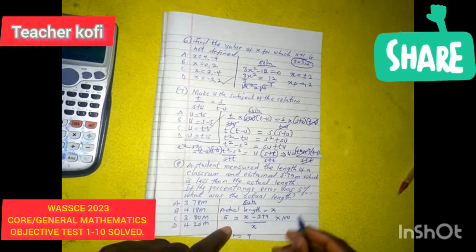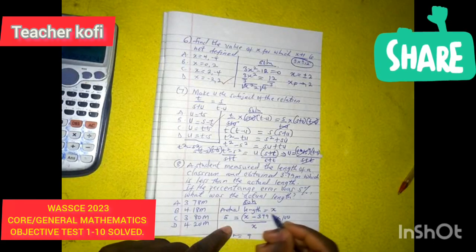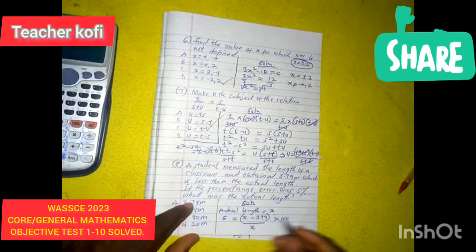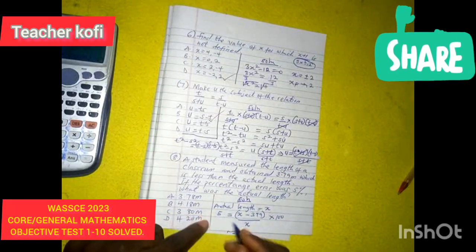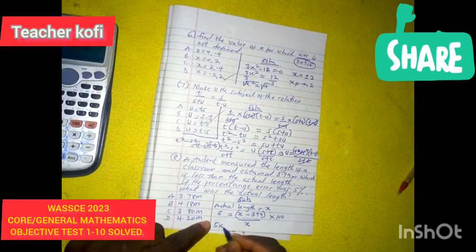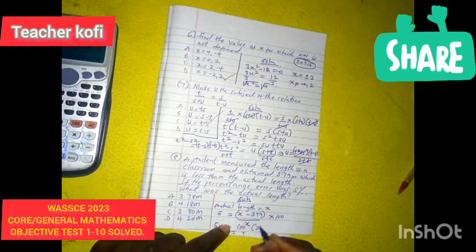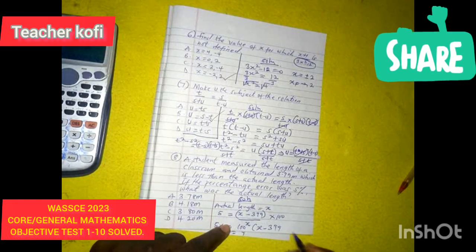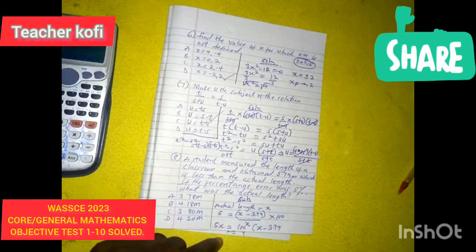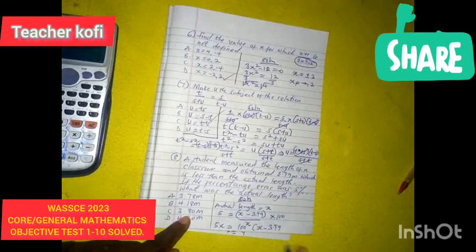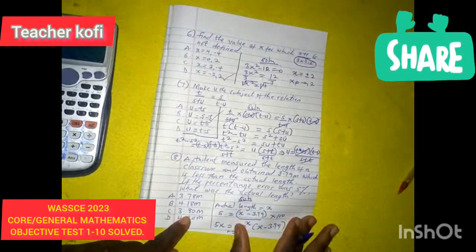So this will multiply this, and this one you cross multiply to give this. So it will be 5x equal to 100 into bracket x minus 3.99. Sorry, this one is 3.99. So let's expand the bracket.